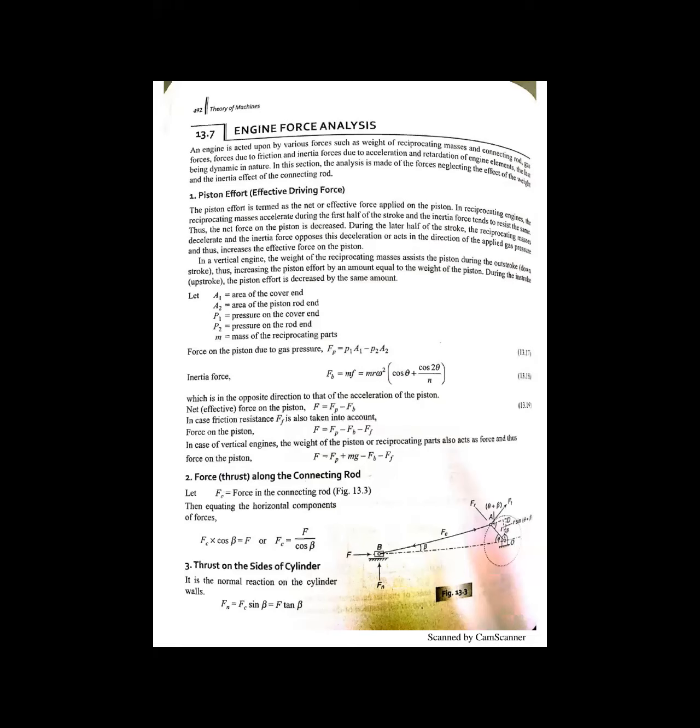In the later half of the stroke the reciprocating masses decelerate, so the inertia force gets the deceleration. When we get that, simply to say, the gas pressure attains its effect in the other half of the stroke.